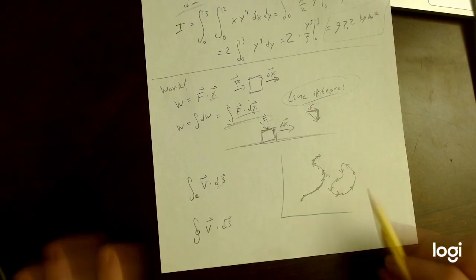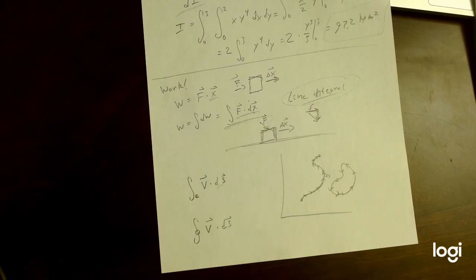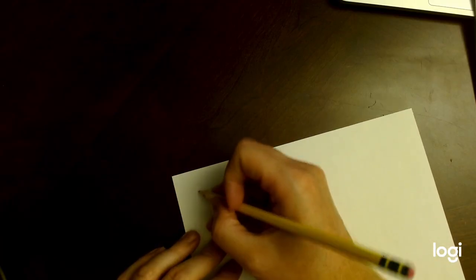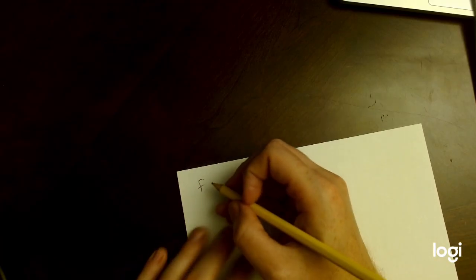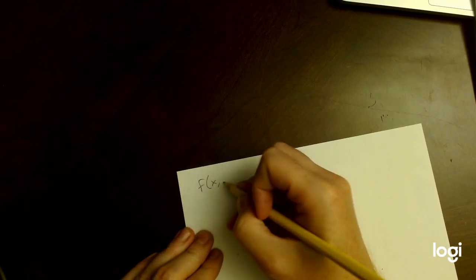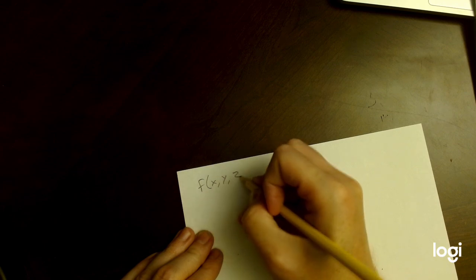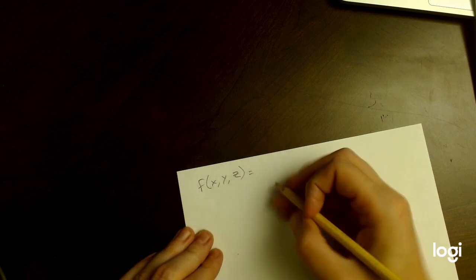So I want to talk about a couple ways that we can evaluate these type of line integrals. So let's write out an example field. These have to be vector fields when we're doing line integrals, because we have a dot product as part of our definition.